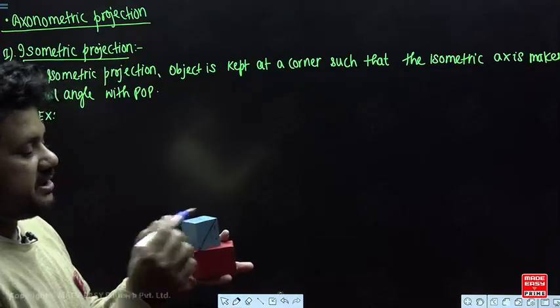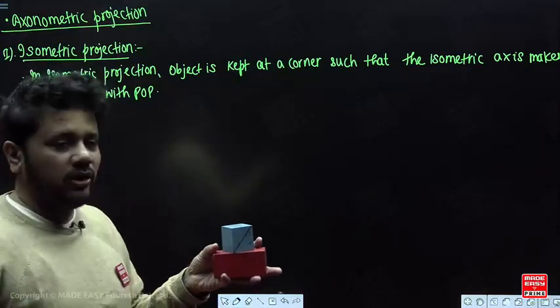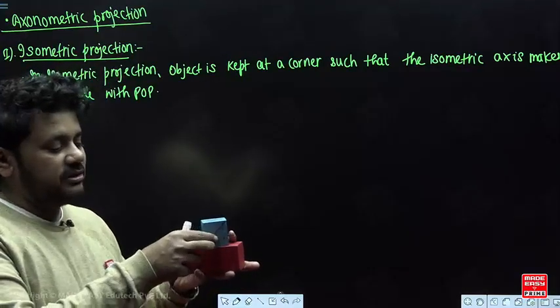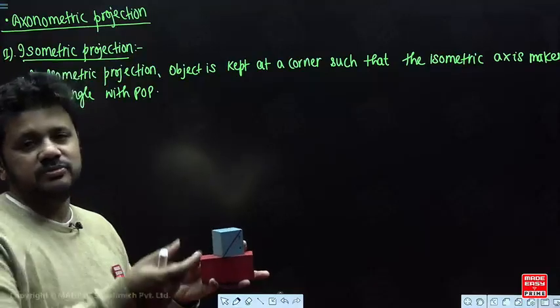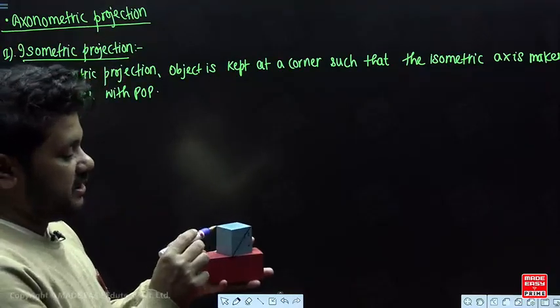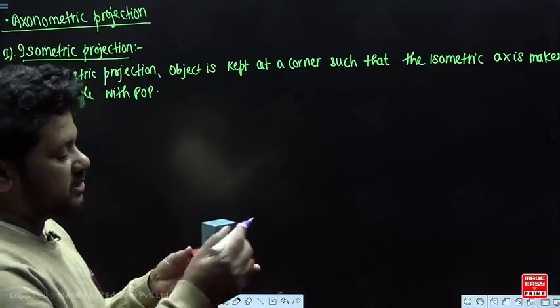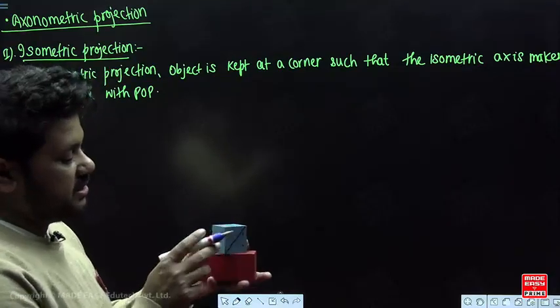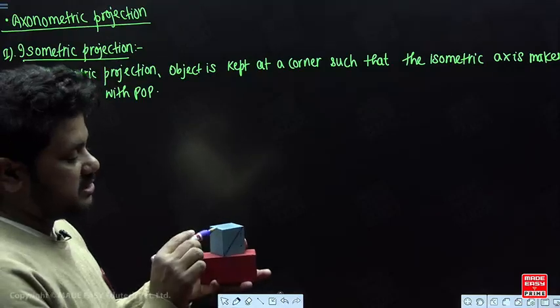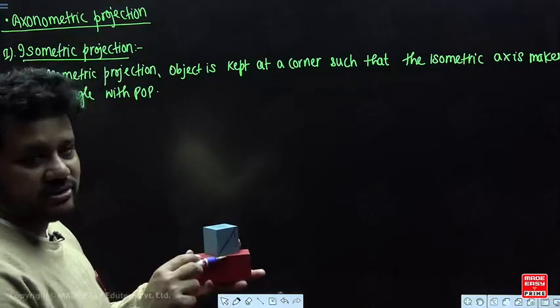So this length and this length will look equal, but it will not look 3 centimeter. If you change it, it will be reduced from 3 centimeter. Let us say it is 2 centimeter, right? So this length will now look 2 centimeter, 2 centimeter, but how much is this length? You will say this length is still 3 centimeter, isn't it? So this is 2 centimeter, this is 2 centimeter, this is 3 centimeter.